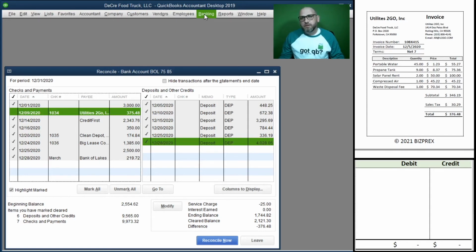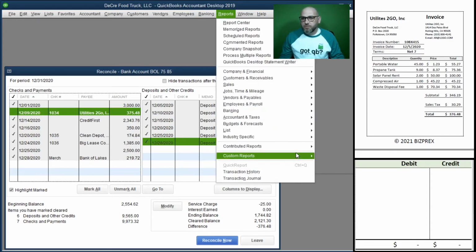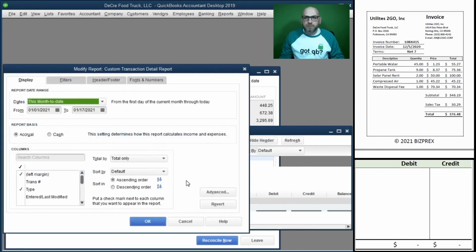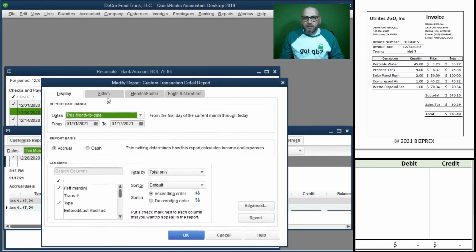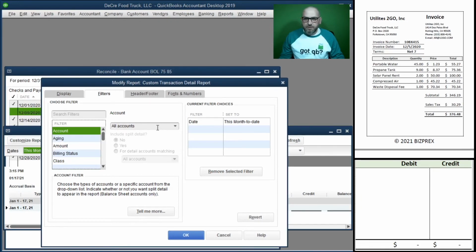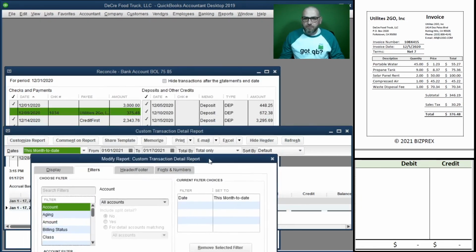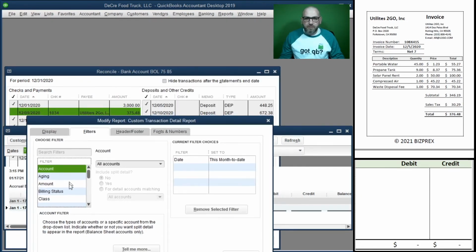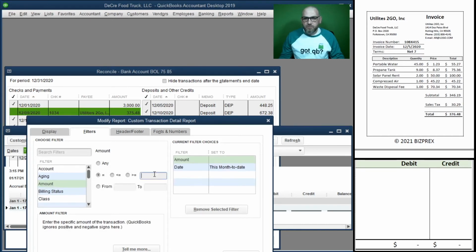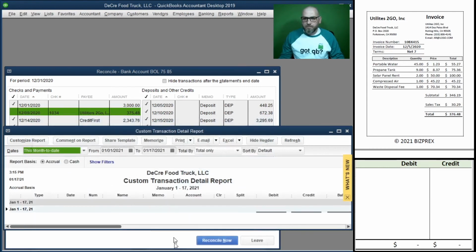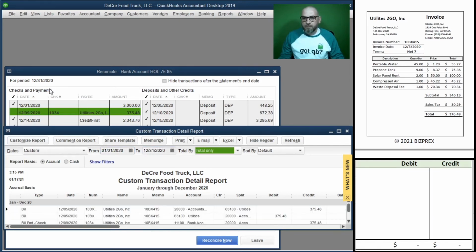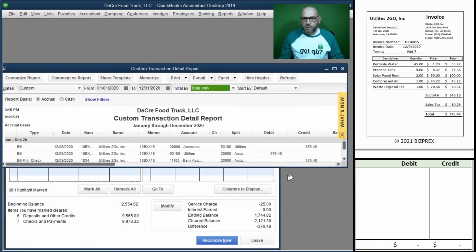So one of the ways to do it is to use reports, and we're going to show reports in more detail later, but for now, again, let's just rely on that. So we know that amount right here. It's probably the easiest to search it by amount. Okay, here it is.